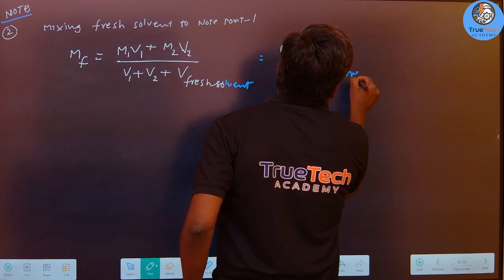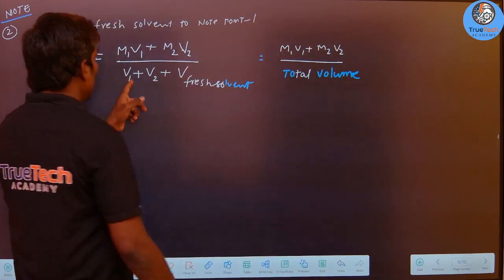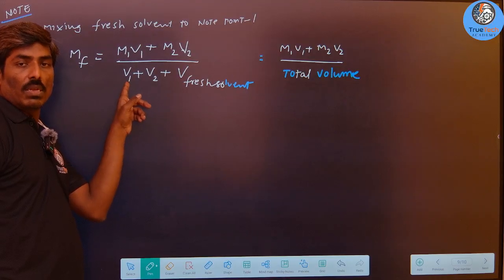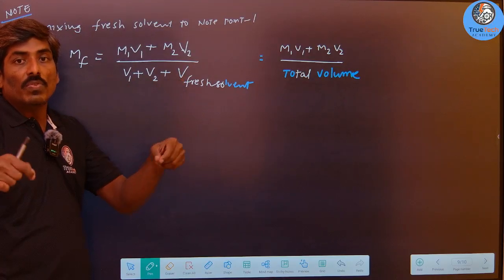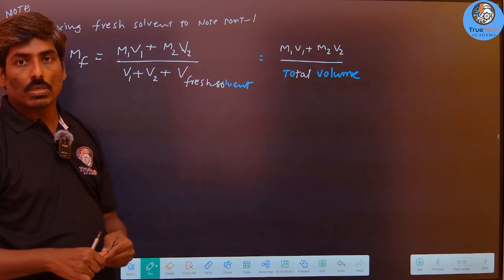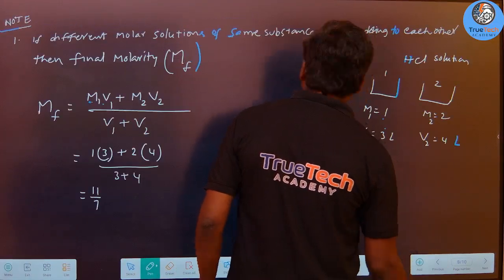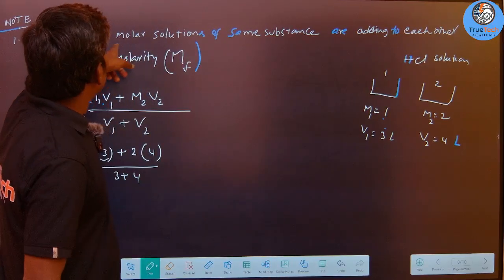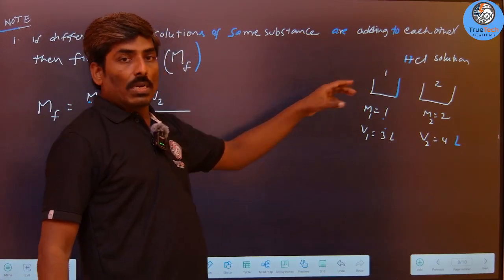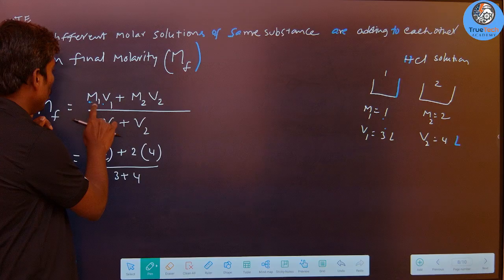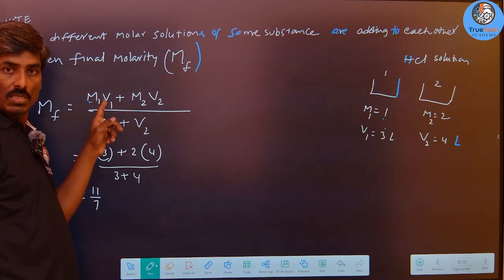Here what does total volume indicate? These three terms: V1 plus V2 plus V fresh solvent. Total volume. Please try to understand the formula. When you add two different solutions of the same substance, this is the formula.